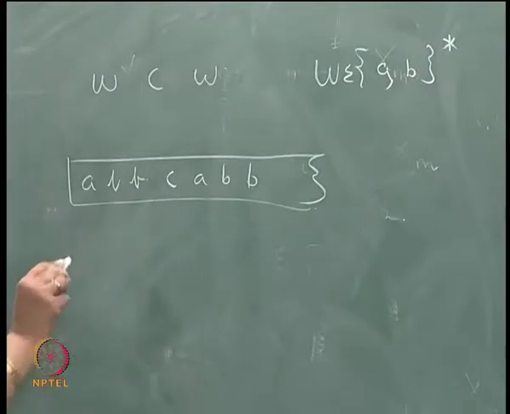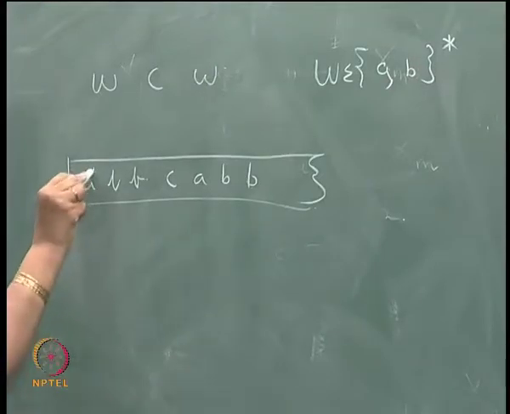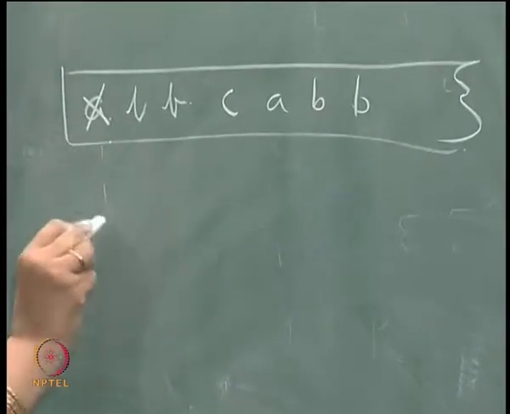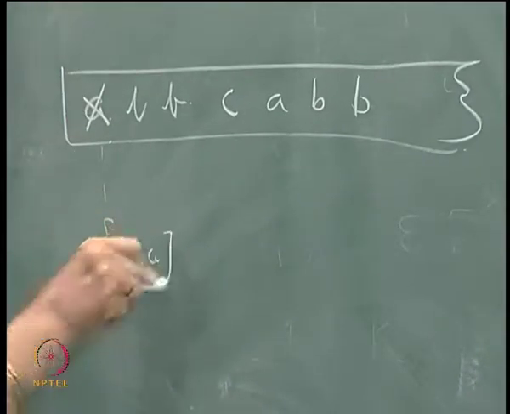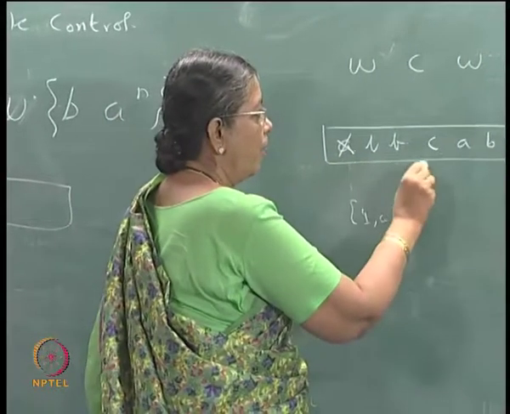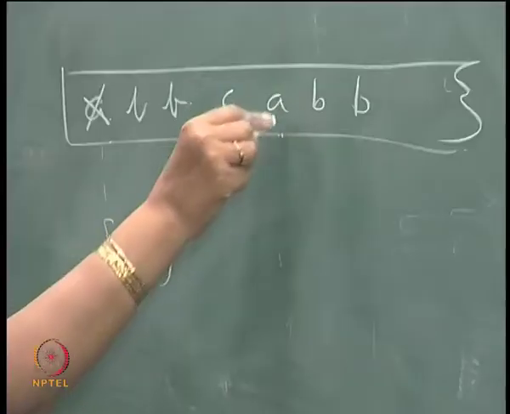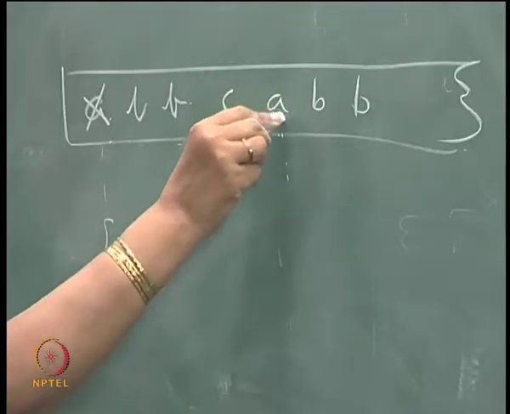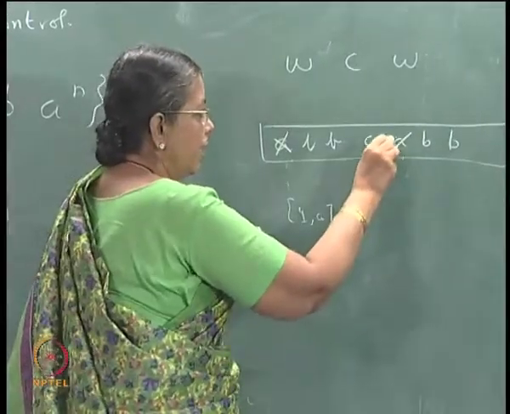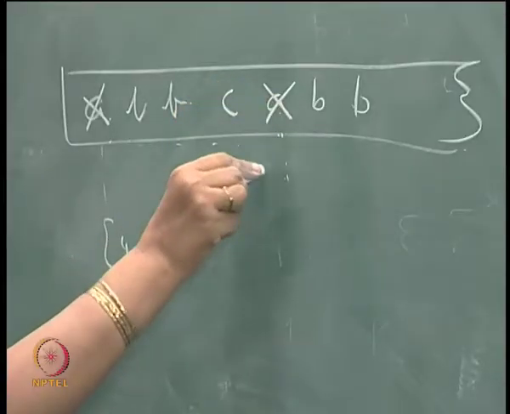Now, the idea is it can read this A, change this into X, and store that information as QA, so that it remembers that it has read A. After moving through C, the first symbol has to be the same A. If it is not, it will stop, rejecting; otherwise it also changes this into X and comes back.